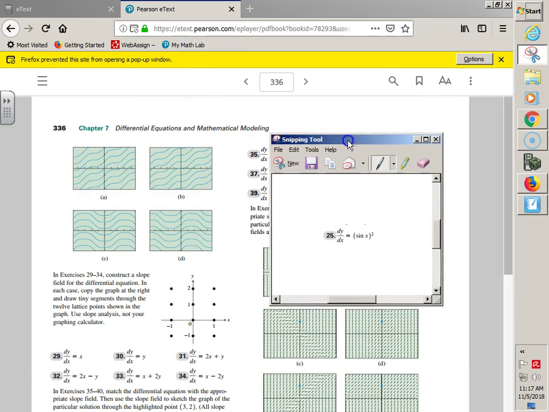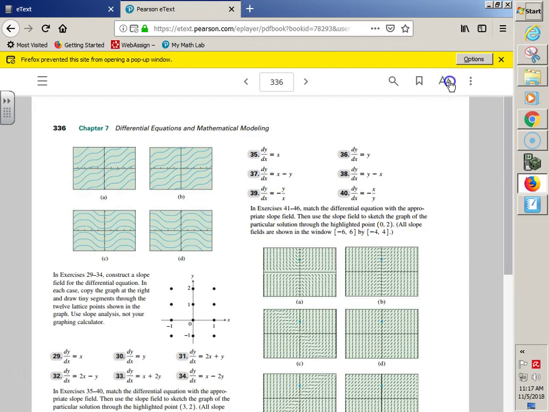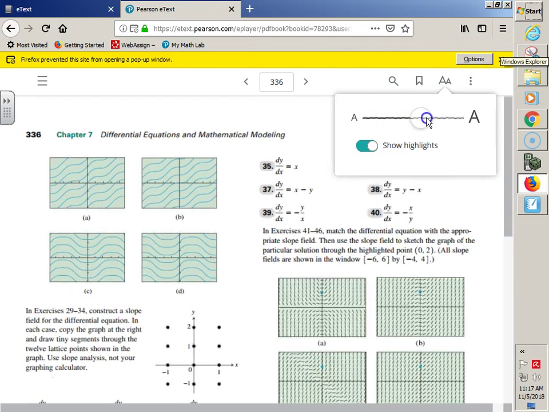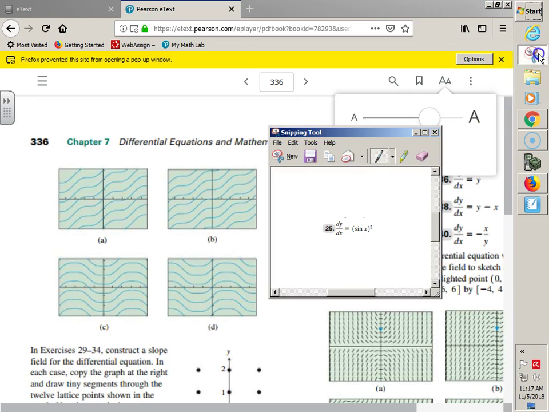Number 25 gives us, or we're supposed to be looking, I should say, at these graphs over here to the left, A, B, C, and D. These are showing the flow, right? But in the flow, can we conceptualize the slopes?